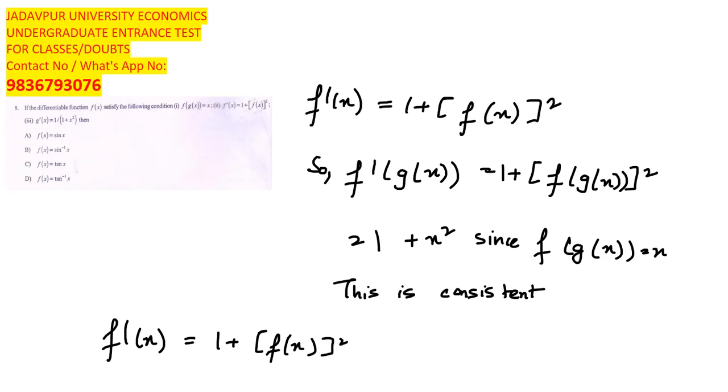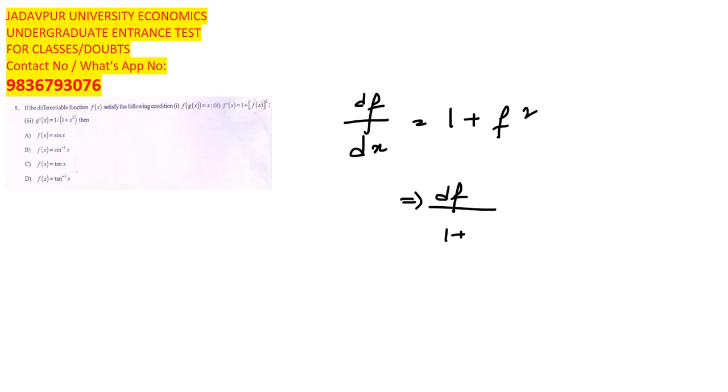Okay, so this is a differential equation. We will solve it. So then df by dx will be 1 plus f square, or df by 1 plus f square is equal to dx.